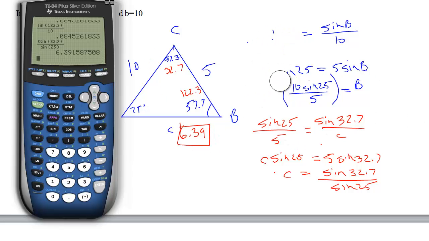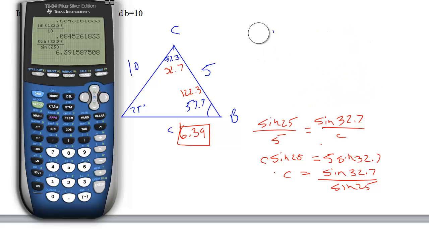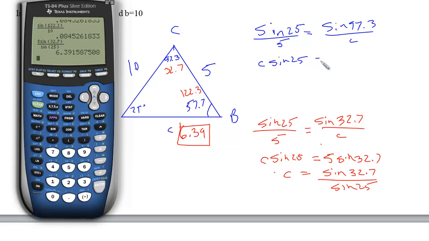Clean this part up. And if this was 97.3, then I have the sine of 25 over 5 is equal to the sine of 97.3 over C. Cross multiply. C times the sine of 25 equals 5 times the sine of 97.3.